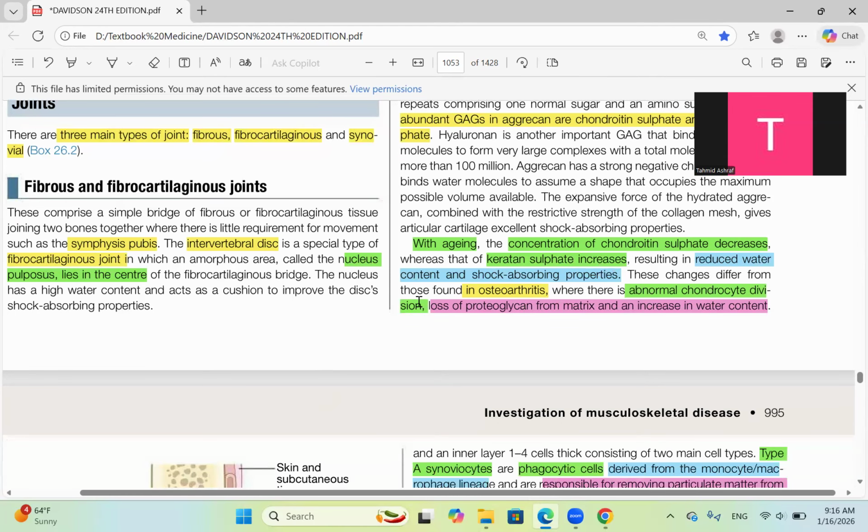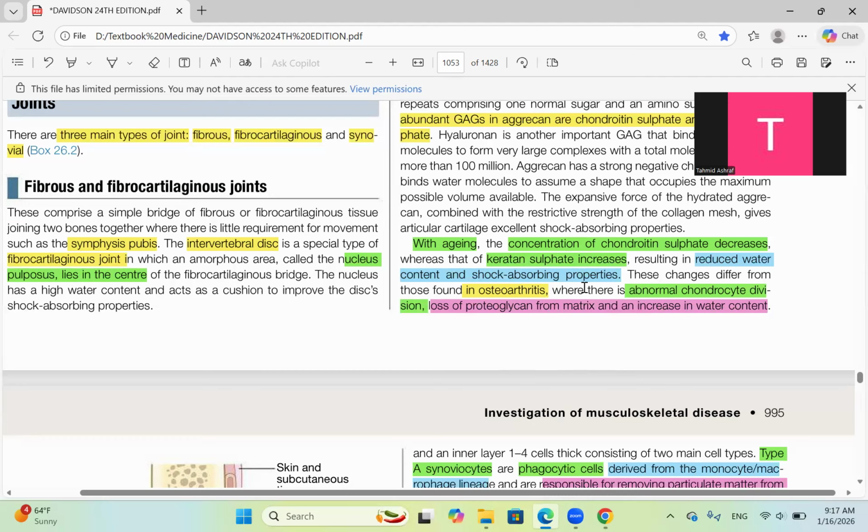These changes differ from those found in osteoarthritis. So what do we find in osteoarthritis? There is abnormal chondrocyte division, loss of proteoglycan from the matrix, and an increase in water content. So in osteoarthritis the proteoglycan matrix decreases but the water concentration increases, while in the normal aging process the water decreases.